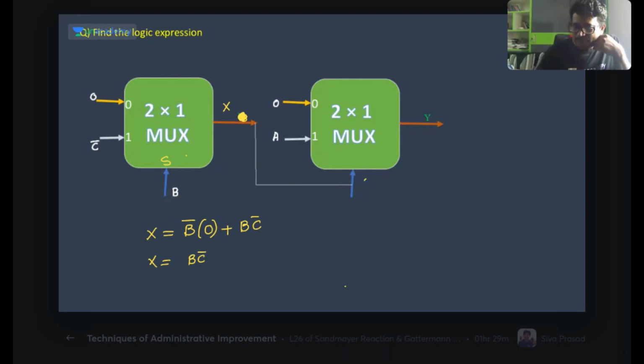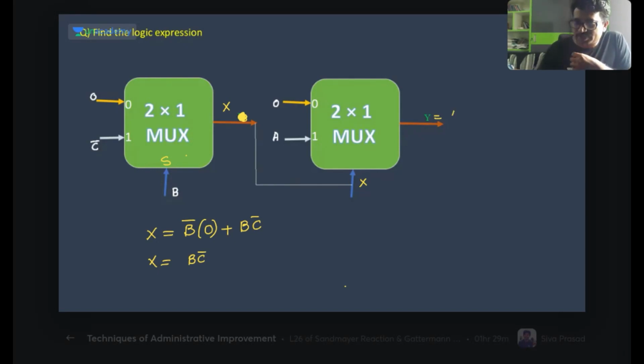Now here we have this X, and this is a select line now. Tell me what I will get for this Y now here.